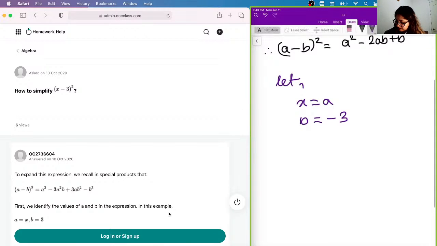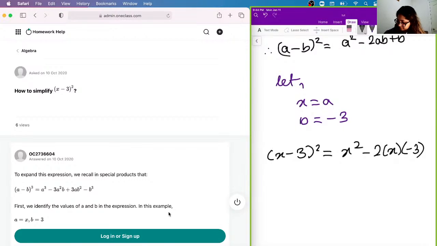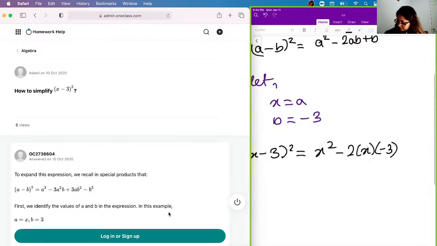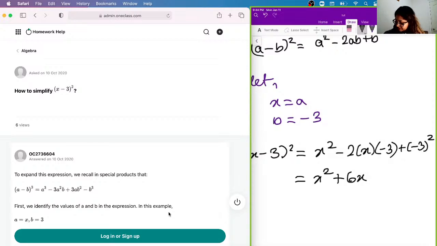From our equation, x minus 3 squared is equal to x squared minus 2 times x times negative 3 plus negative 3 squared. Further simplifying, you have x squared plus 6x, since negative 2 times negative 3 gives a positive, and then plus.